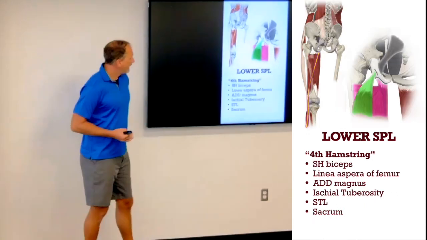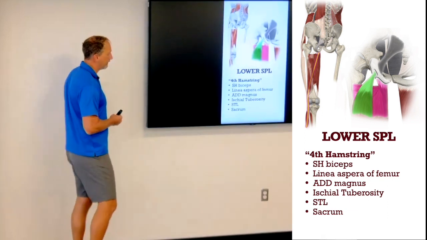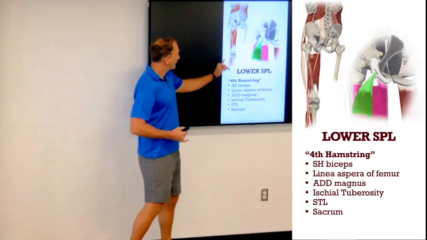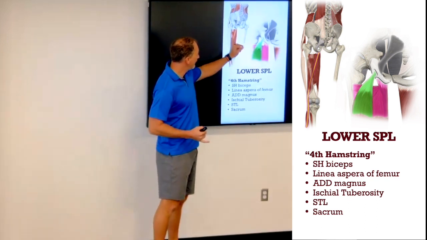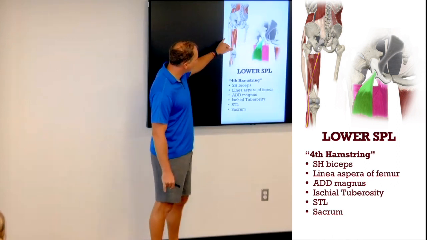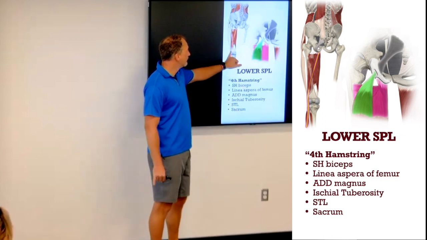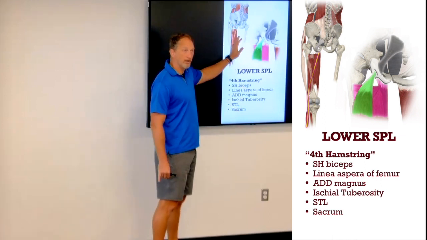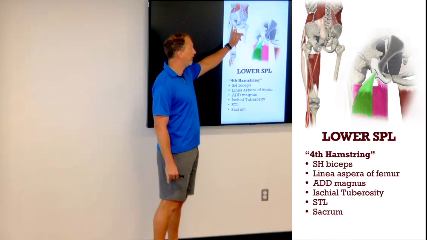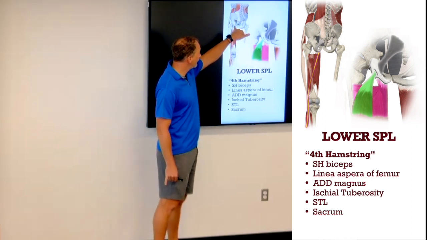Lower spiral line, the fourth hamstring, the short head of the biceps. So the short head of the biceps comes into the linea aspera of the femur, on up into the adductor magnus, and attaches into the ischial tuberosity. So we have the long head of the biceps femoris, formerly a part of this line that takes us from the lateral knee up into the posterior ischial tuberosity.